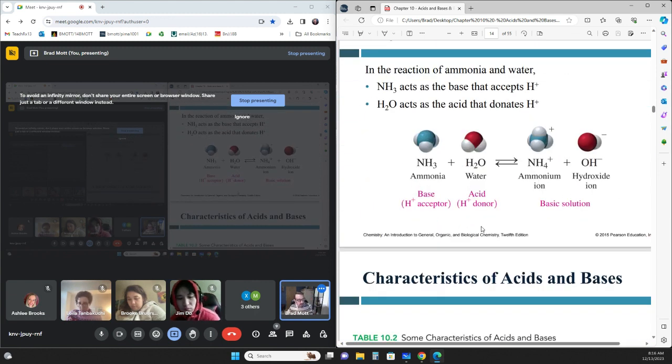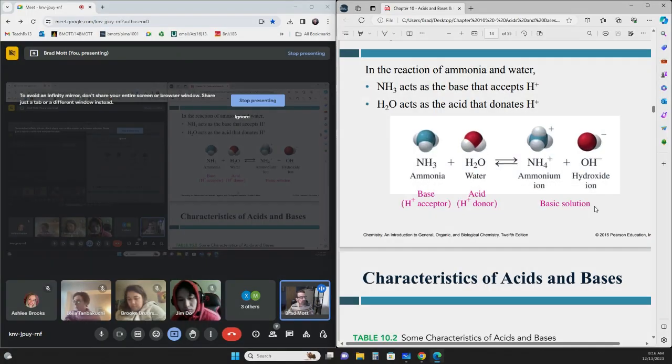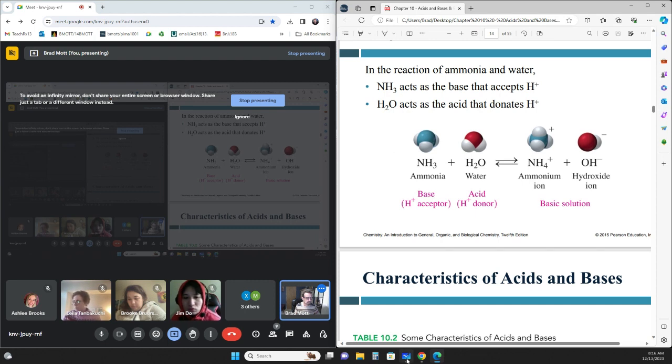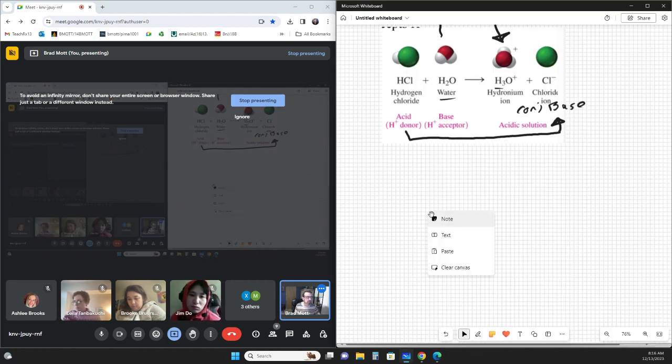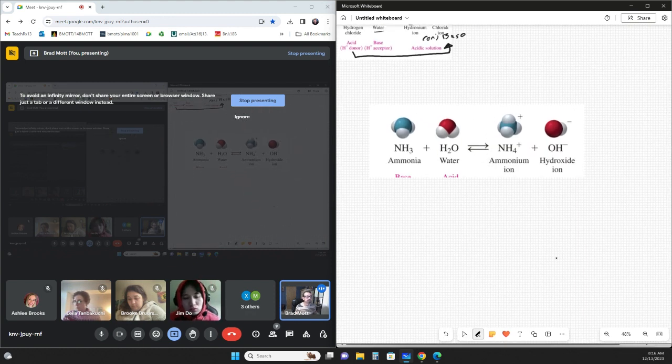So let's look at another one here. Okay. So in this case, ammonia and again water, but you're going to see something interesting. Okay, so this is the Bronsted-Lowry base over here.